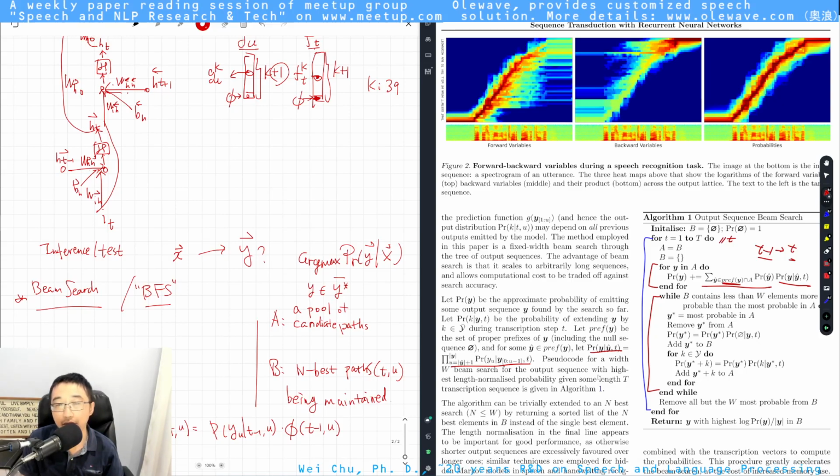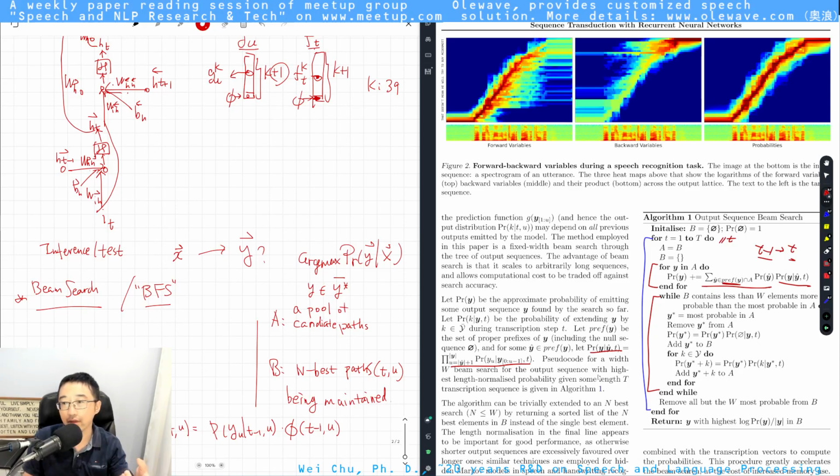W is the size of the embedded elements more probable than the most probable one in the A. Okay, it means the B has some pools or candidates, but he found that okay, in the candidate pool A, there's something better than the B.